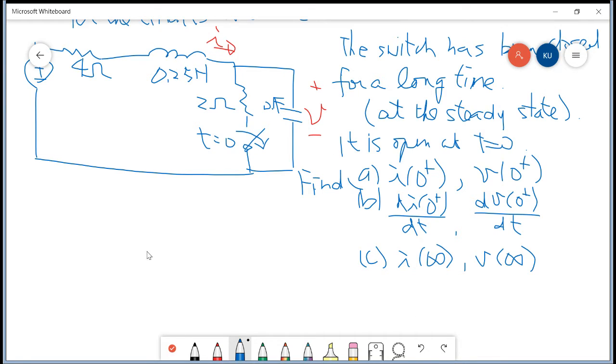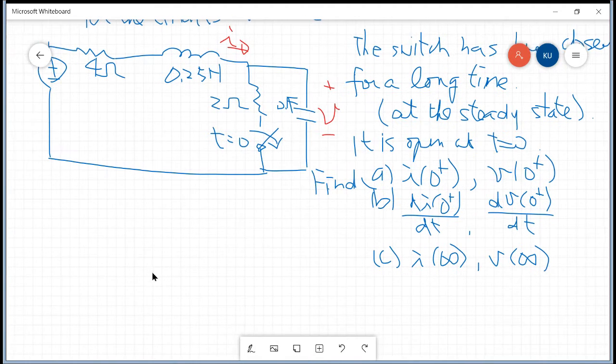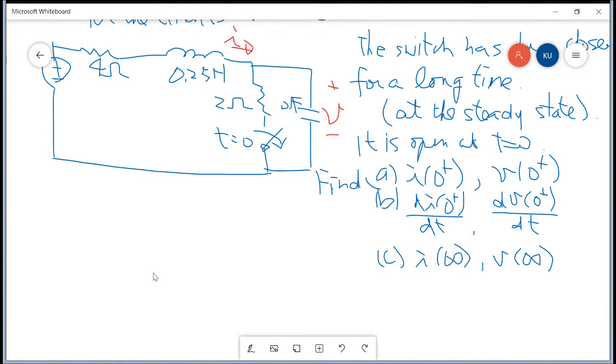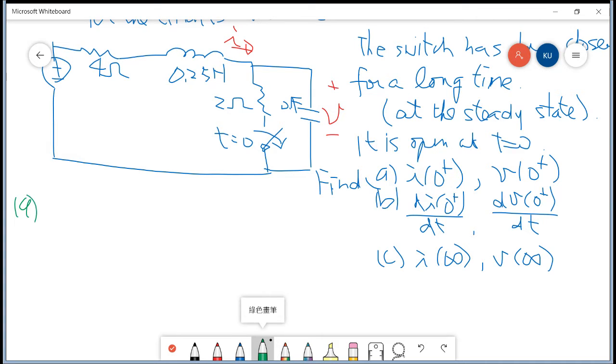Okay, so first of all, we try to find I(0+) and V(0+). For part A, it is closed for a long time, which means that the circuit will look like this.